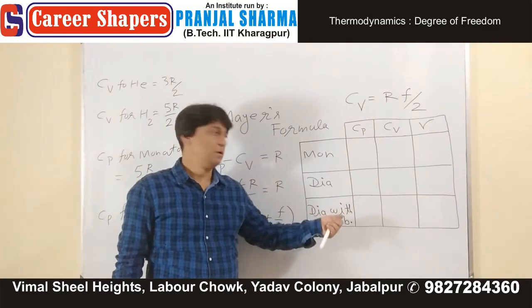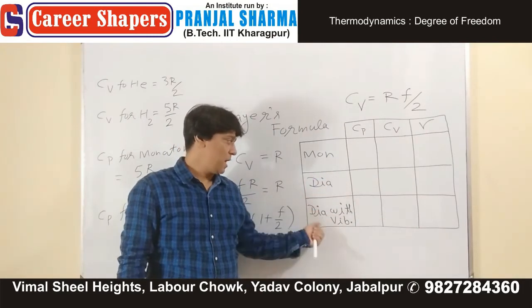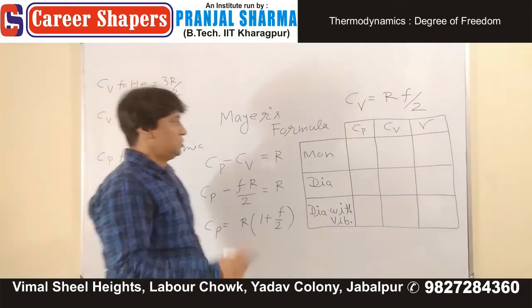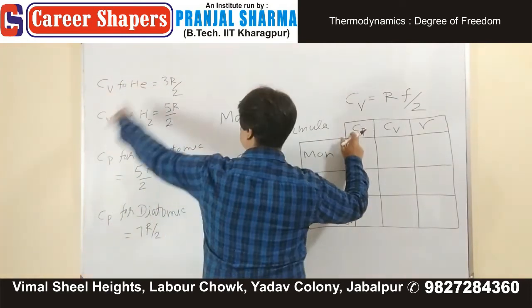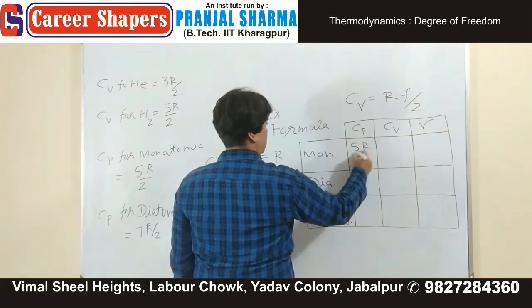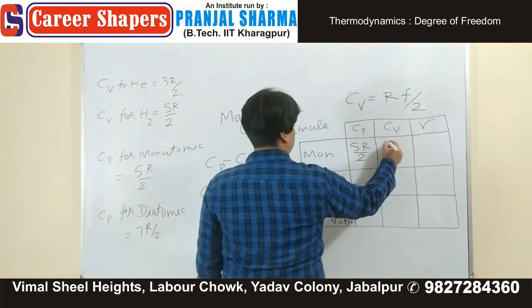Complete the table. Mono, dia, dia with vibrations, Cp, Cv, gamma. So what is this? Cp 5, Cv 3.